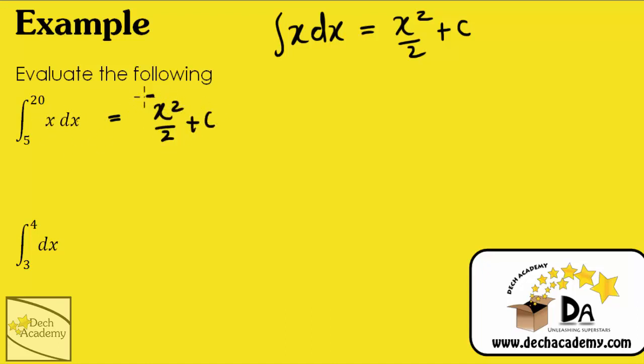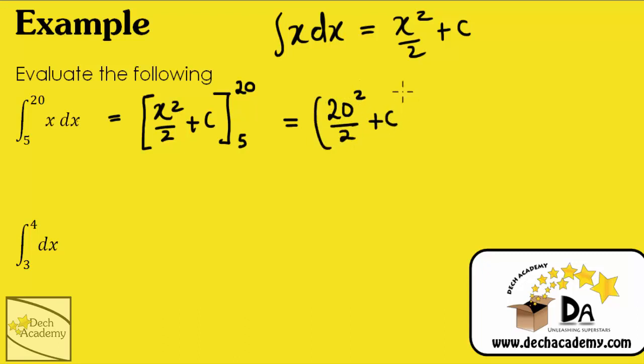But then we have limits. The upper limit goes here and the lower limit goes here, and this simply means replace the variable with the upper limit, and that gives 20 squared divided by 2 plus c, then minus what you get when you replace the variable x in this case with the lower limit, which is 5.